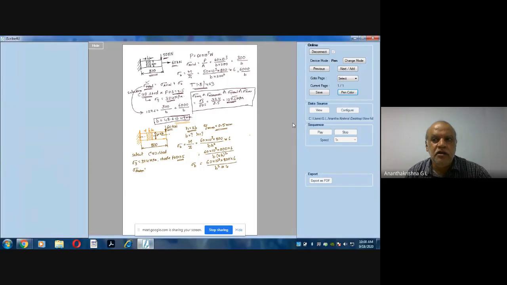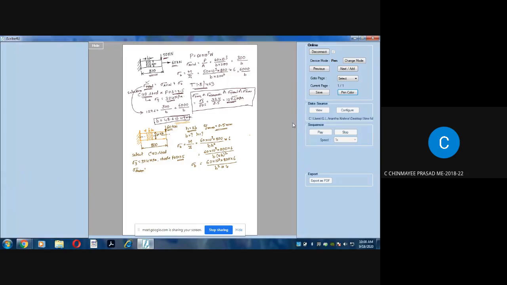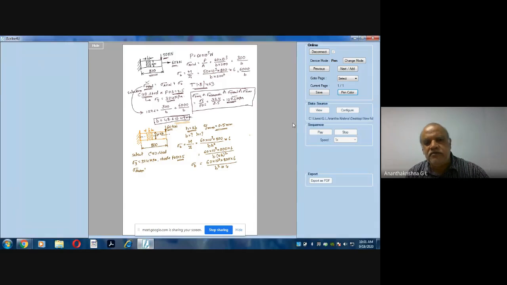Are you there? Yes, sir, got it. There are some instances where factor of safety can even go up to 4 or 5. Wherever human life is there, the factor of safety keeps going up. But when it comes to aircraft structures, strength to weight ratio comes in. We need more strength and less weight.